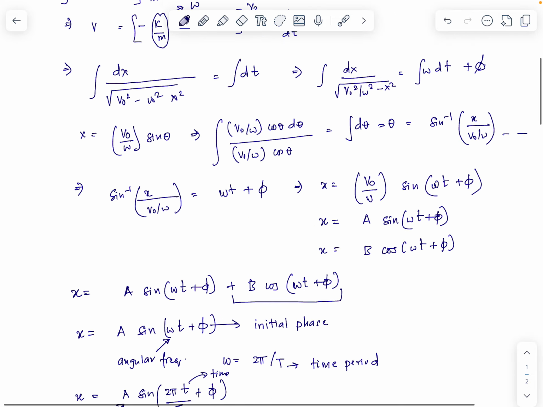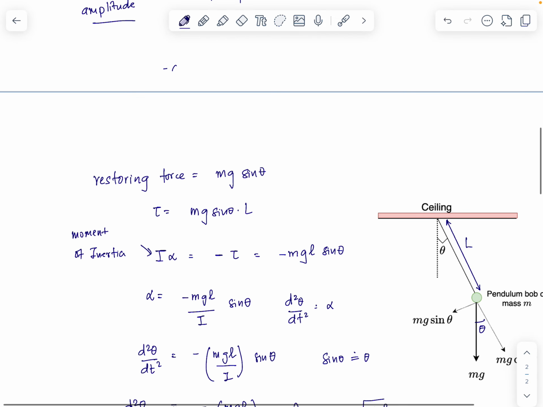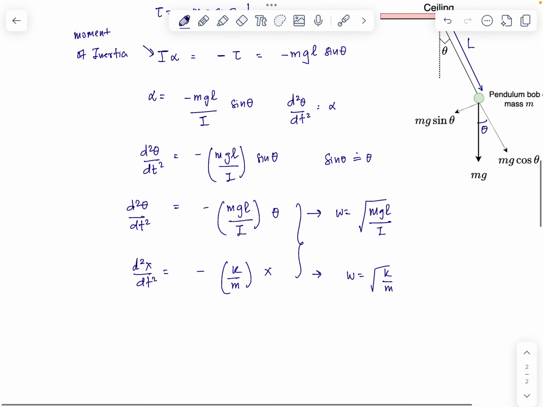In the second part, we used an analogy. We found the restoring force, found the torque from that, and equated that to the formal definition of torque, which is I alpha.